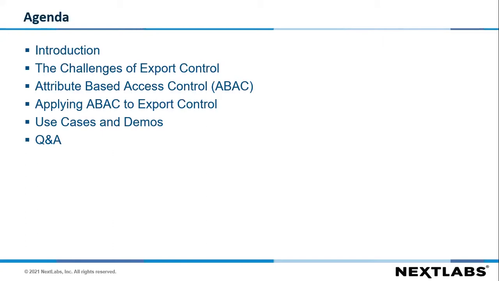Then we'll talk about how attribute-based access controls can be used to enforce export controls. And then finally, we'll do some demos of use cases that show you how ABAC is implemented to use it for export control purposes. And then finally, we will have a Q&A session at the end where we will go through all of the questions that were raised during the webinar.